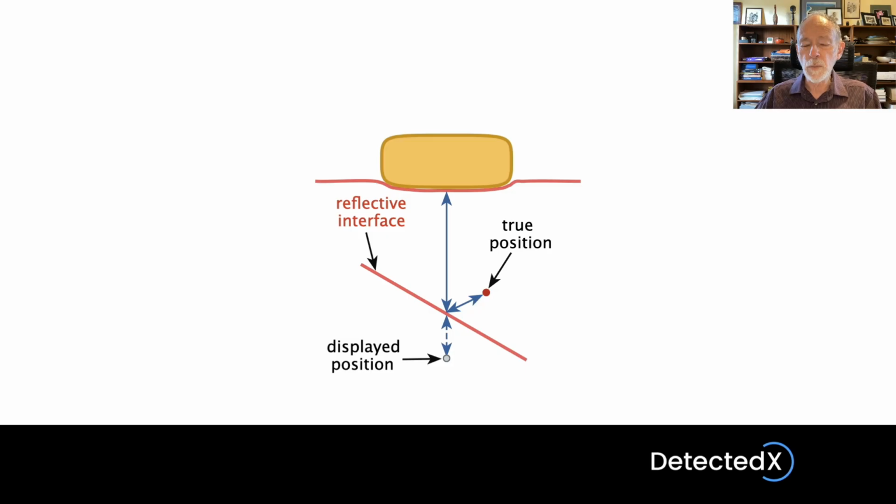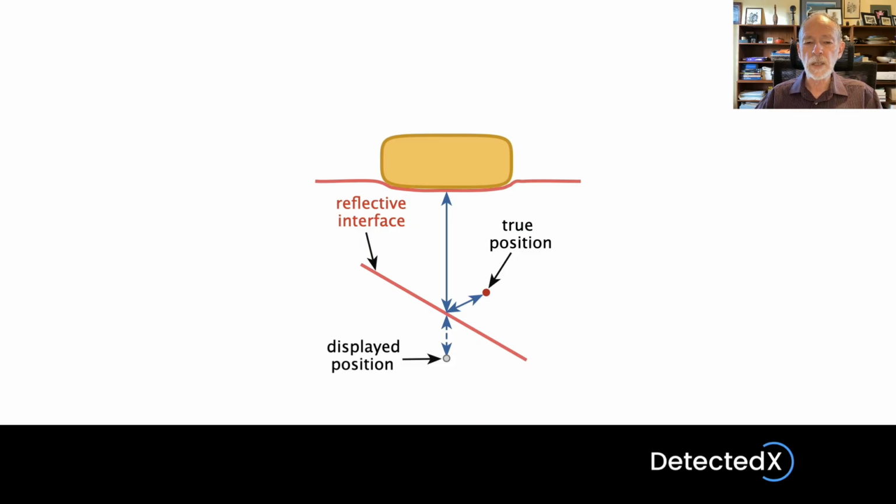Let's suppose there's an object, which I've shown with a red dot, and that produces an echo. The echo will then travel back along the same path as the transmitted ultrasound. So it will go down, reflect off the diaphragm, and then travel up to the probe and be detected. The machine assumes that the beam has carried on in a straight line, and it calculates the depth of that object by looking at the arrival time of the echo, which relates to the total path distance the ultrasound has travelled.